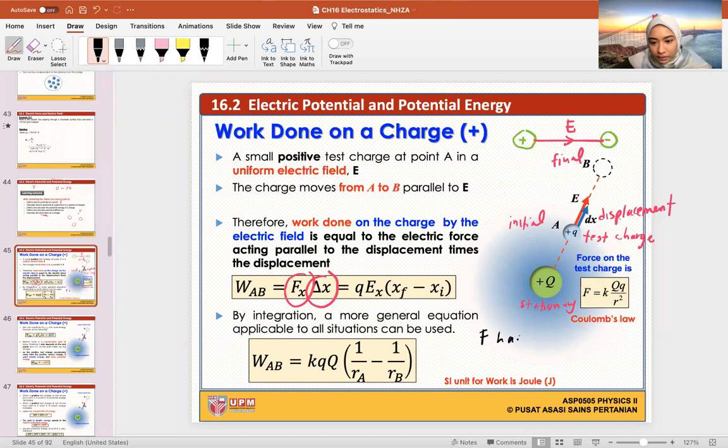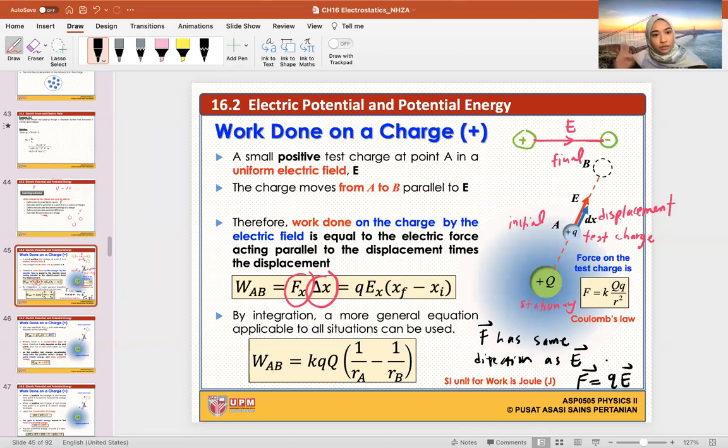F has the same direction as E. Okay, both are vectors. And if you remember, F equals QE.